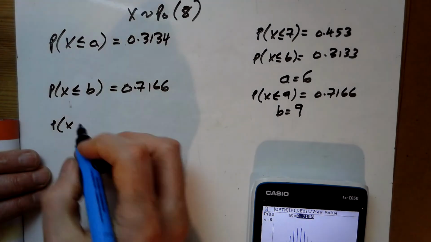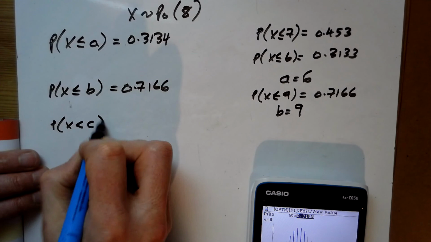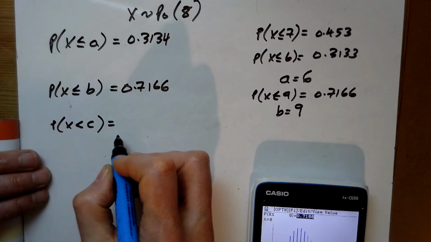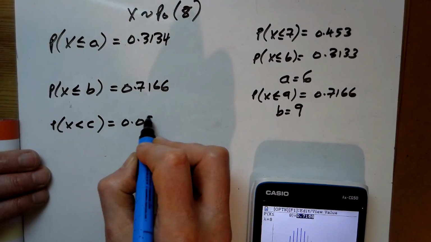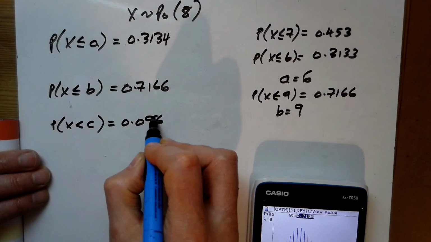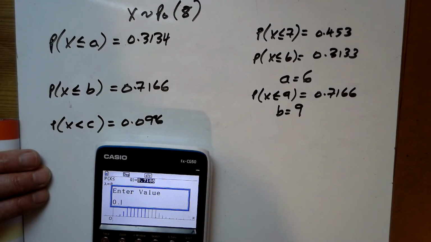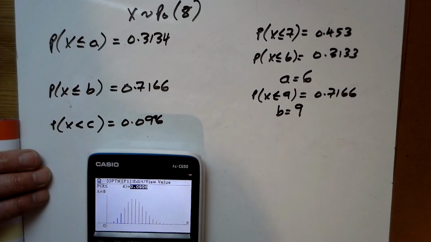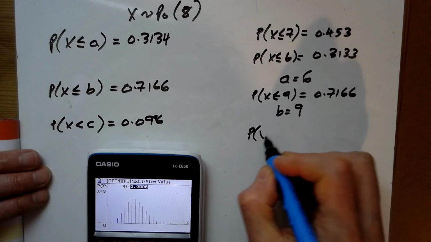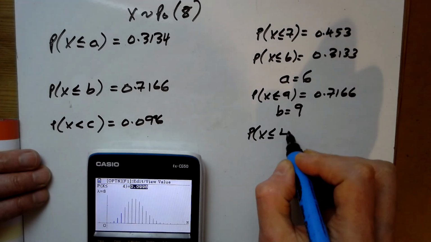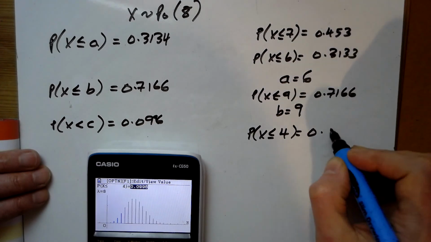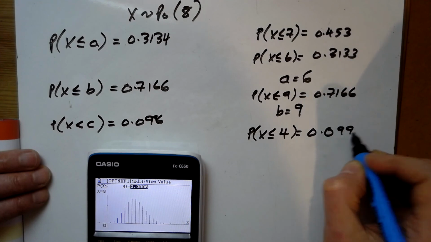Now, this one does say less than. C is equal to 0.0996. So let's put the 0.0996 in there. And that tells me that the probability that x is less than or equal to 4 is the one we want, 0.0996.